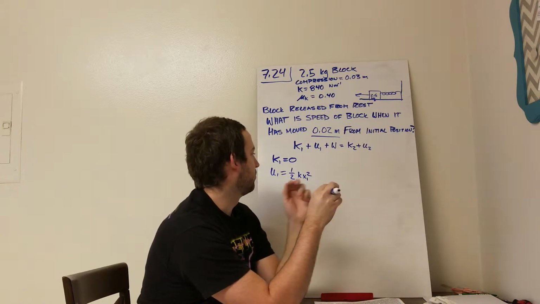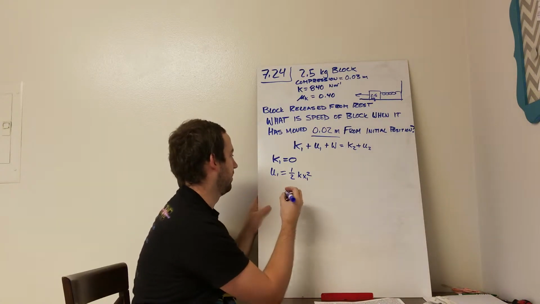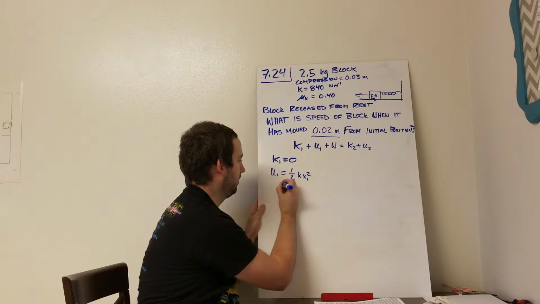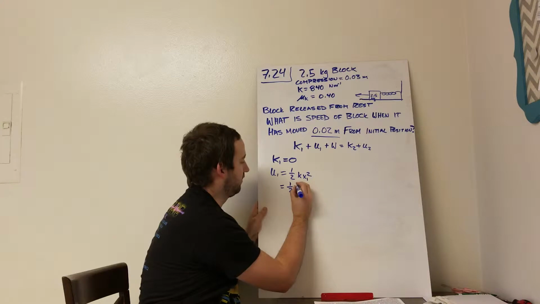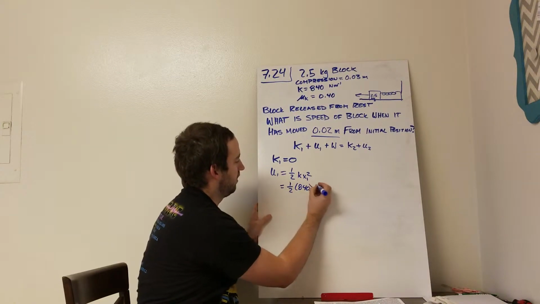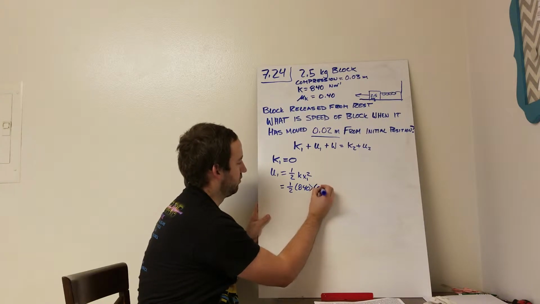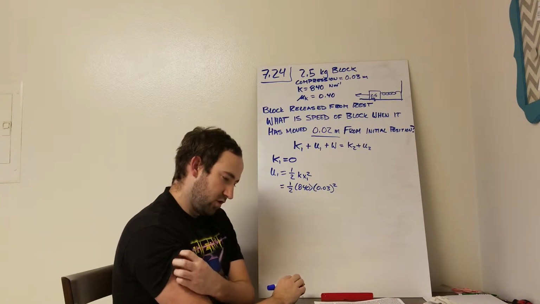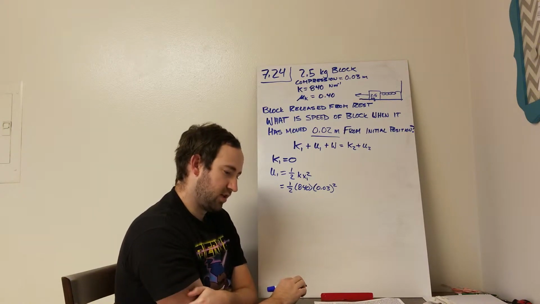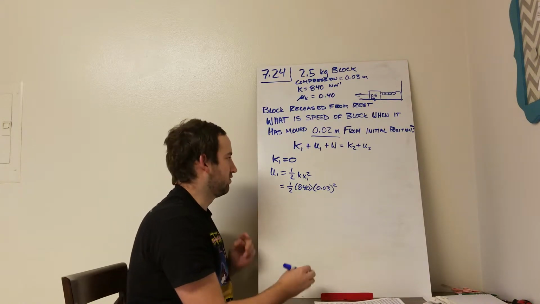And so we know that it's 0.03 meters. So we get 1/2, we know our spring constant is 840, and that x is 0.03 squared. So when we plug all that in, we end up with 0.378 joules.